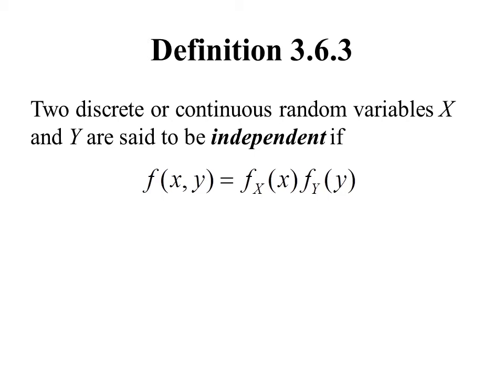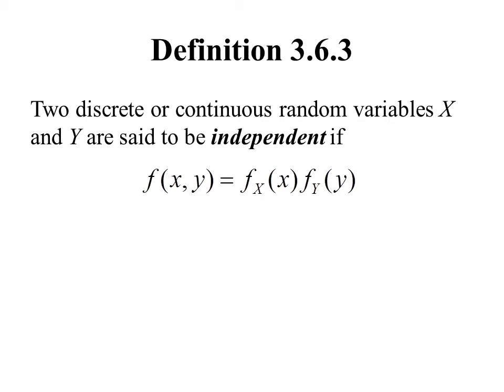In our next definition, we're going to define the idea of independent random variables. And this definition is very similar to the idea of independent events that we talked about back in Chapter 1. Events were independent if the probability of their intersection was the product of their probabilities.